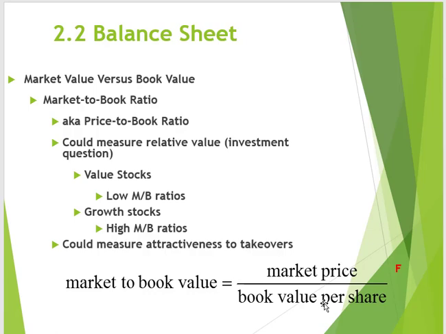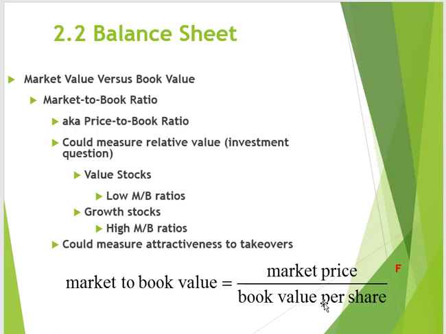And what this tells us is the relative magnitude of the value of the company. If this number is greater than 1, it means that the stock is worth more than the company itself.